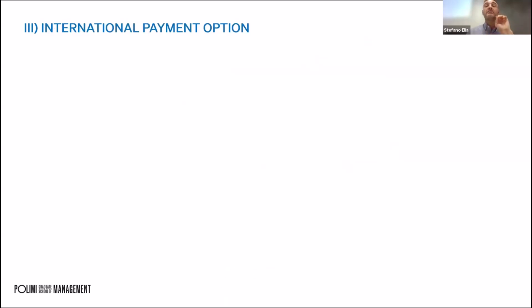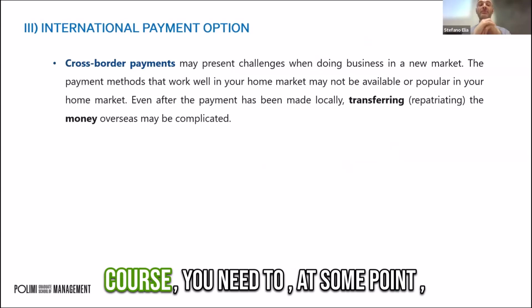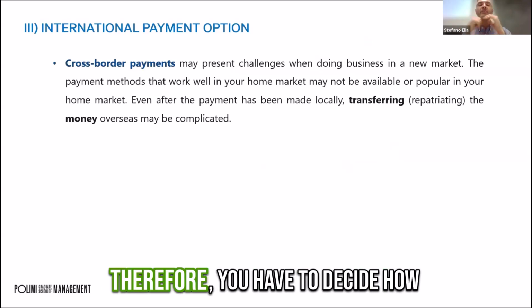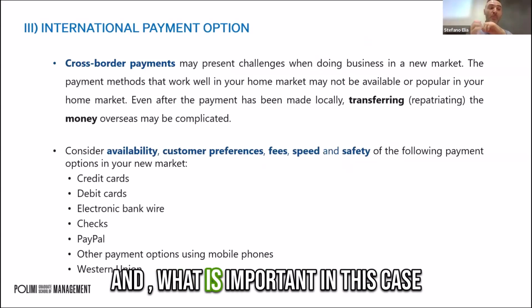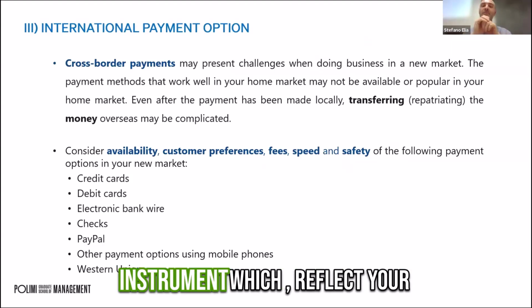And then there is the payment option. Of course, at some point you need to transfer the money, okay? And therefore, you have to decide how to obtain your money. What is important in this case is to identify the payment instrument which reflects your priorities.